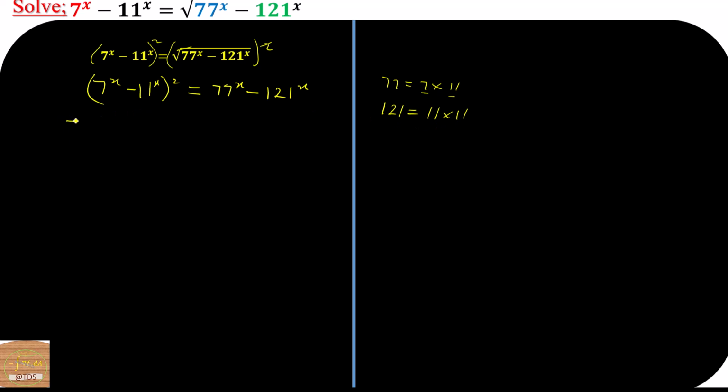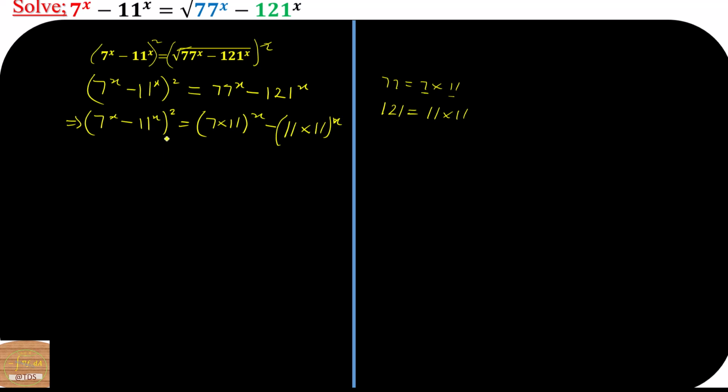Now let's change this and that. So we have 7 exponent x minus 11 exponent x, all squared, equal to 77, which is 7 times 11, all to the power x, minus 11 times 11, all to the power x.